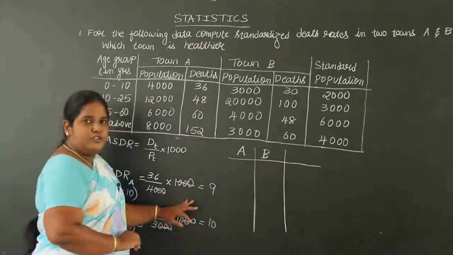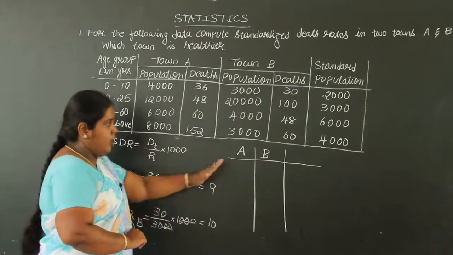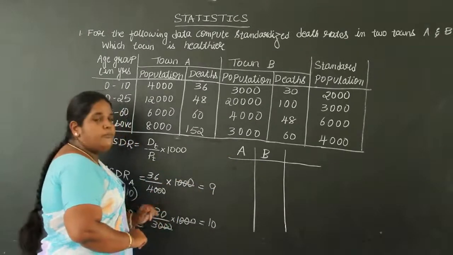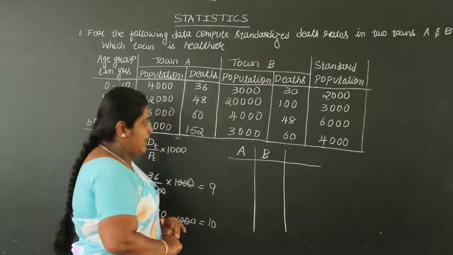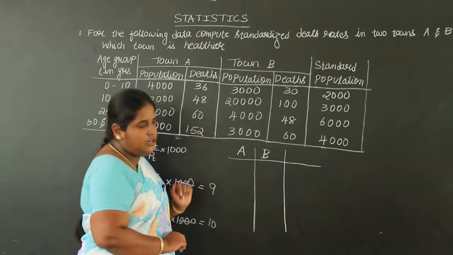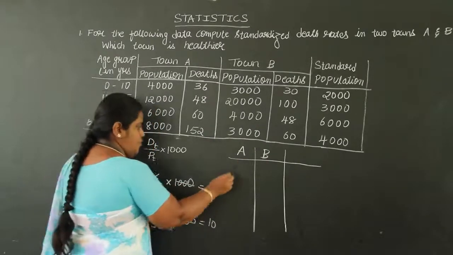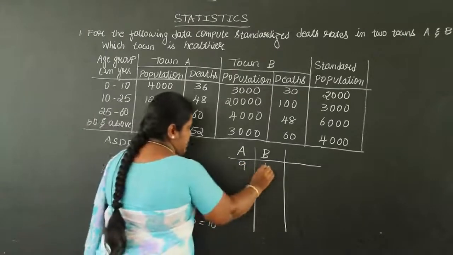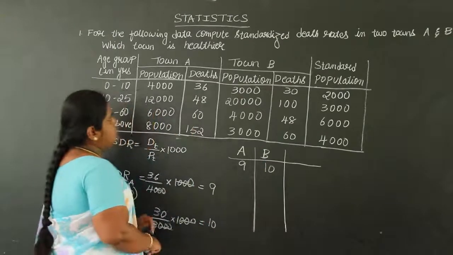So either if you want to show it separately, you can show like that, or in the table itself you can show one step calculation, but it is compulsory to show one step calculation of both town A and town B. So town A first value was 9 and town B first value was 10. The remaining values we'll do it now.